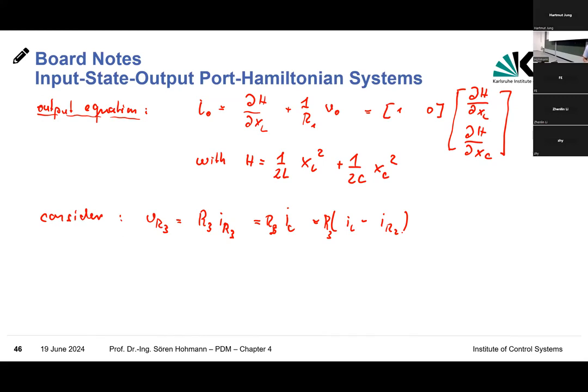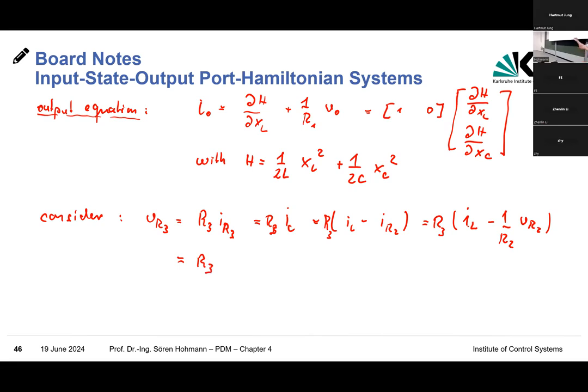Again, one junction which is used, or even R3 times IL minus 1 over R2 multiplied with UR2. And UR2, again, we can use junction information.